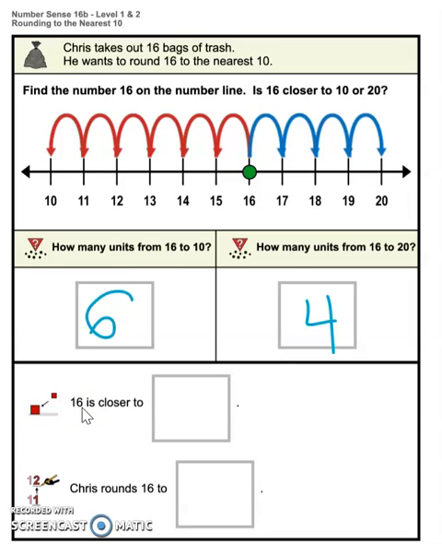Is 16 closer to 10 or 20? Well, which is the smaller number? Yeah, 4 is the smaller number. There are fewer dots over here, so that means that 16 is closer to 20.